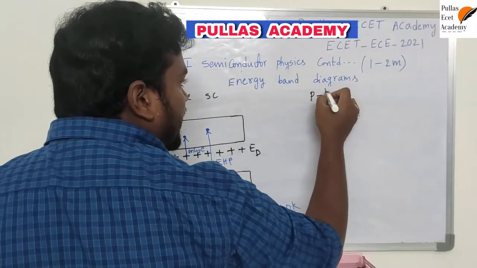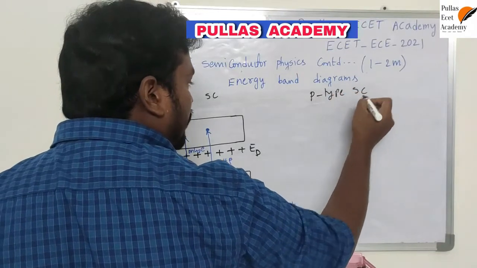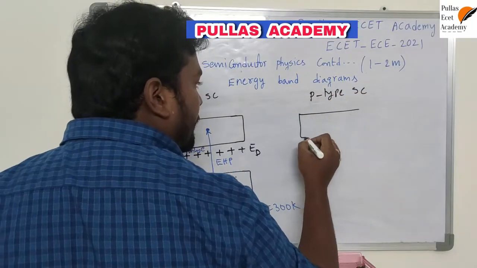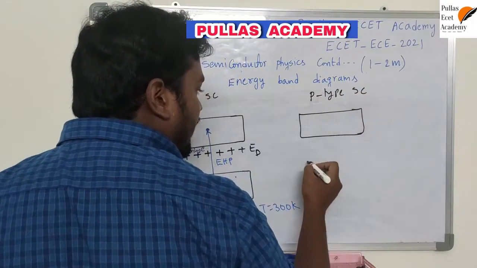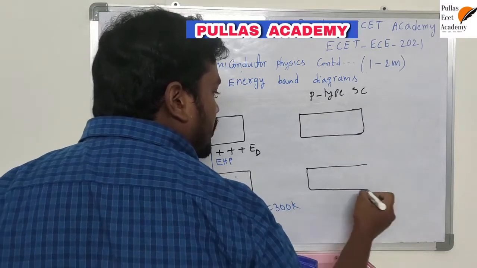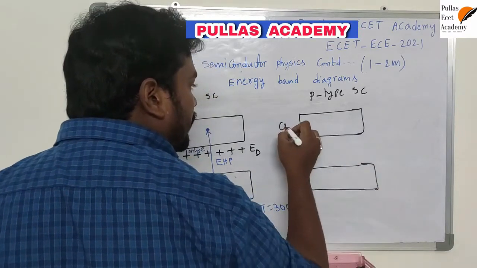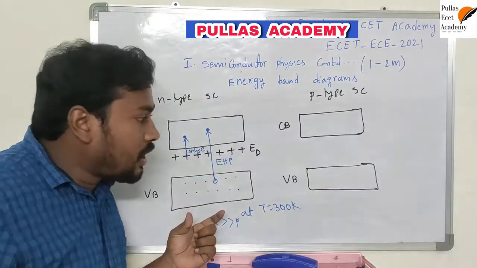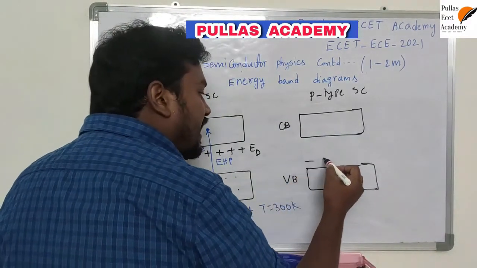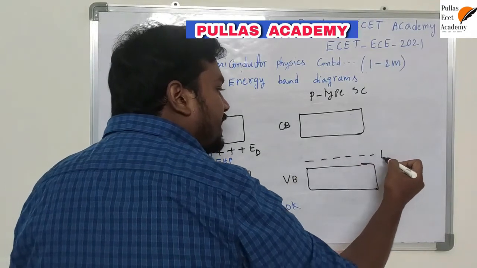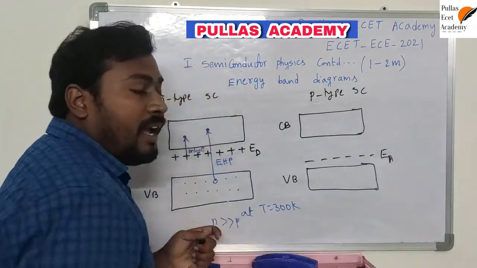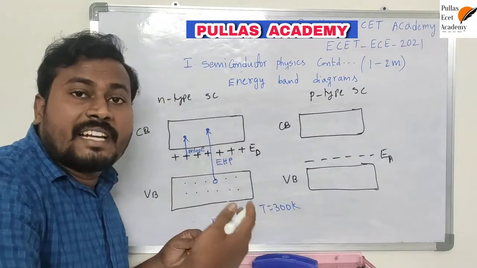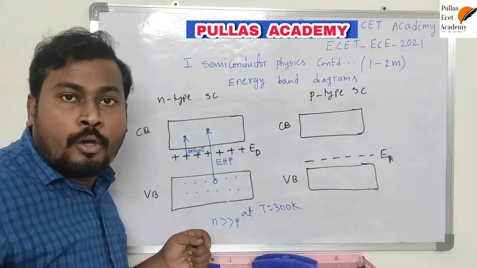Okay. Next, similarly, I go to a p-type semiconductor. So this is conduction band. This is valency band. So here you have one more additional energy level. This is acceptor energy level, where the boron atom is ready to accept the electron.